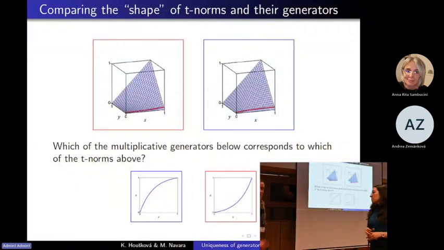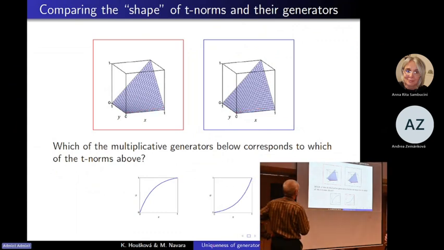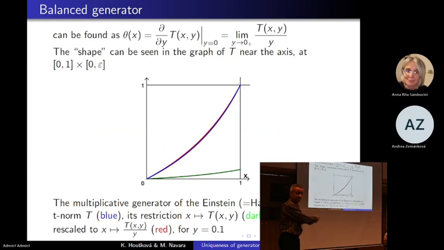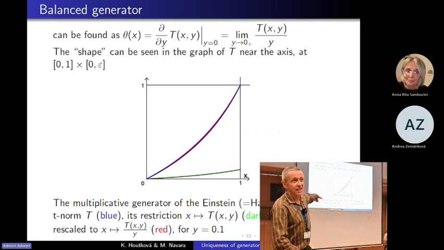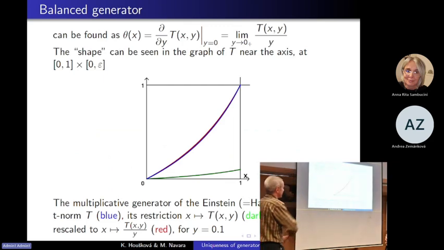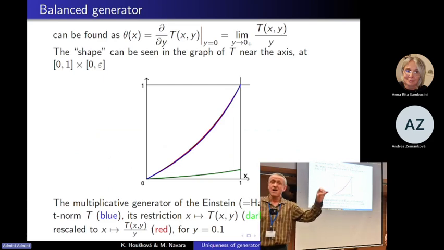Well, this work was preceded by the work which I presented, and this is one of the tools which tells you, given a T norm, here you find the generator. And we have developed several other formulas, but they determine just the derivative of the generator, so they are not so visible, so easy.